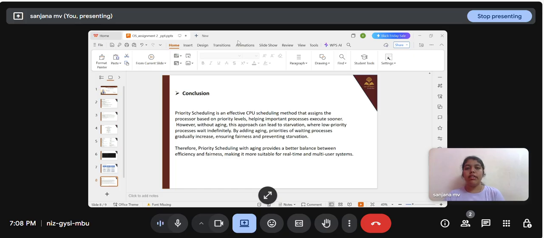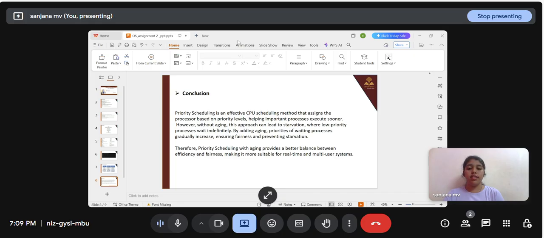After implementing both versions, with and without aging, and comparing them using metrics like waiting time and turnaround time, we observed that aging improves fairness and reduces starvation. While the regular priority scheduling algorithm favors urgent or high priority tasks, the version with the aging mechanism gives a better balance between fairness, performance and responsiveness.